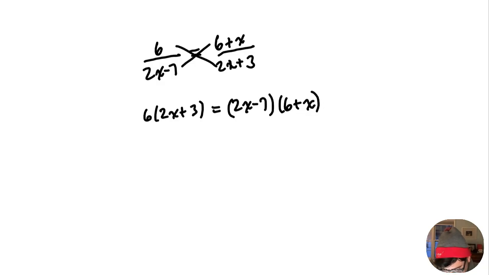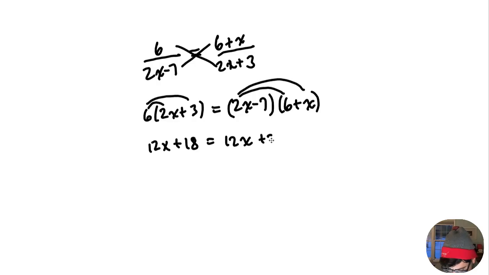So on the left, we're going to have 6 times 2x, that's 12x. And then 6 times 3, that's 18. On the right, you get 2x times 6, which is 12x. 2x times x, which is 2x squared. Negative 7 times 6, which is negative 42. And then negative 7 times x, which is negative 7x.